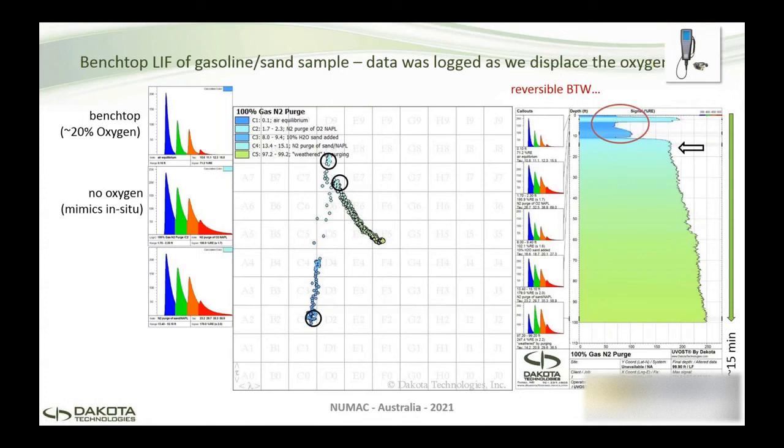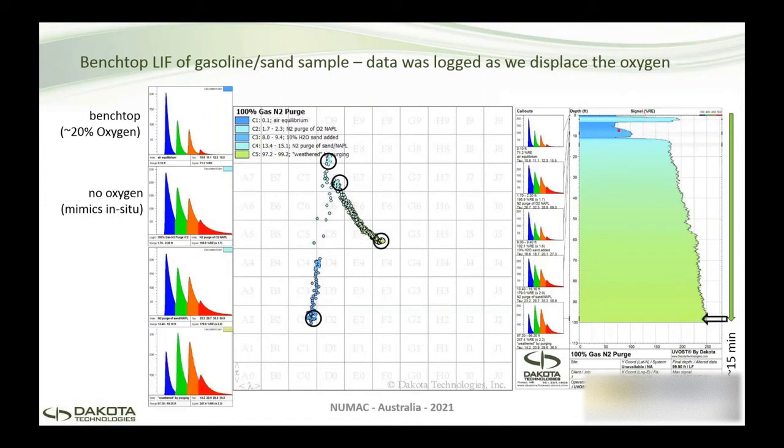Okay, but what happens if I let that flush for a long time? Look at the waveform over here. You'll notice that this blue channel, the ultraviolet one, the smallest PAH channel, is starting to actually go away. That's because I'm flushing out the smallest semi-volatile PAHs.